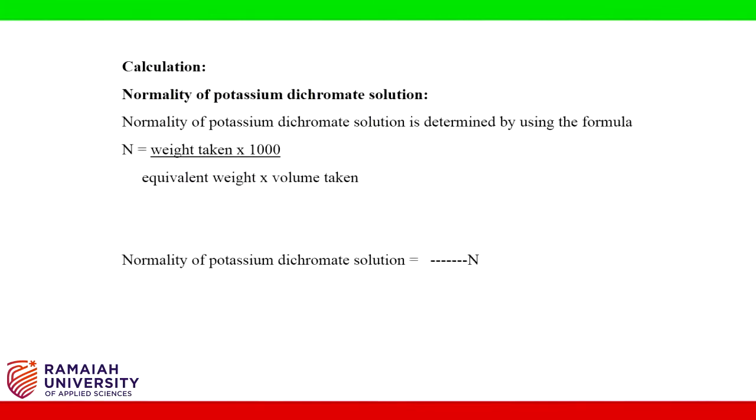Calculation. Normality of potassium dichromate is determined by using the formula N equals weight taken multiplied by 1000 divided by equivalent weight multiplied by volume taken. This gives the normality of potassium dichromate solution.